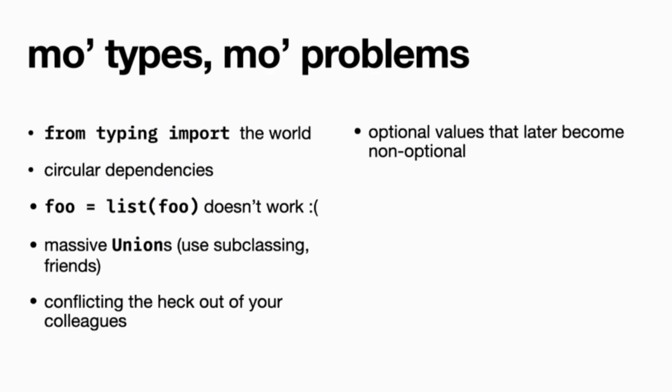And I found out that in parts of my program, a particular attribute was optional, and then later it gets filled in, and it's always filled in from that point forward in the program. Well, MyPy doesn't really have this concept of types evolving as your program runs. Type systems don't really do that.